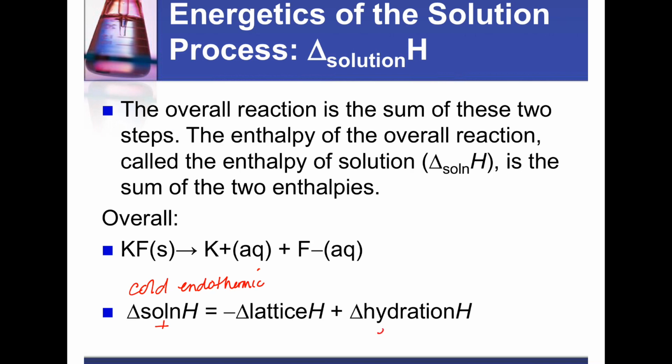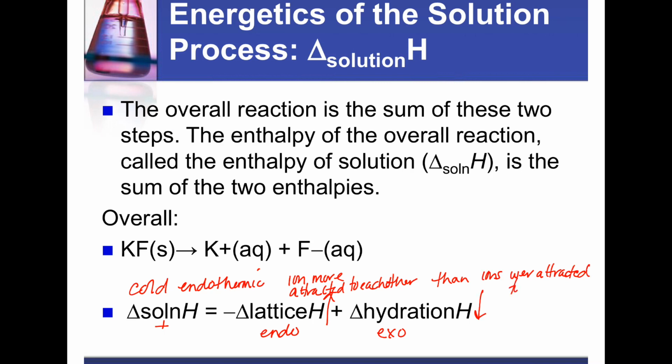And what that means is that this number was higher than this number, and it means that the ions are more attracted to each other than the ions were attracted to the solvent.